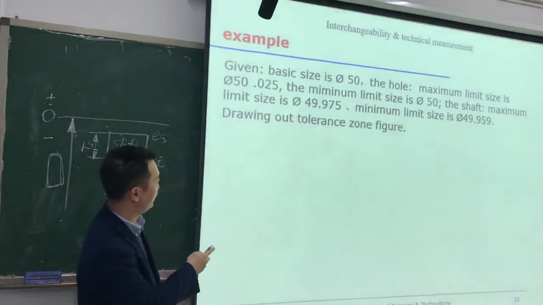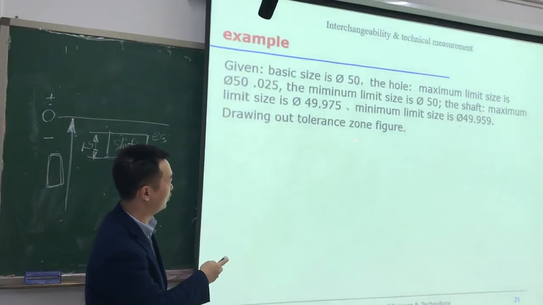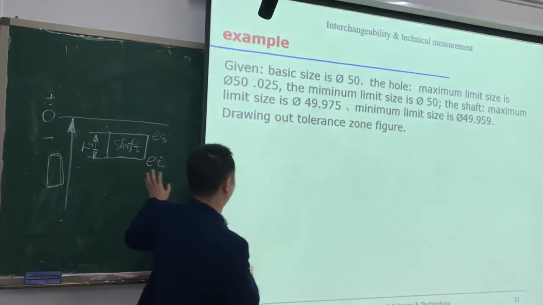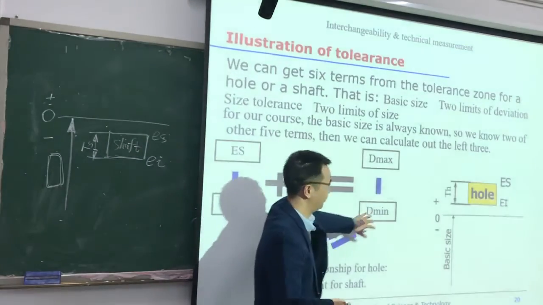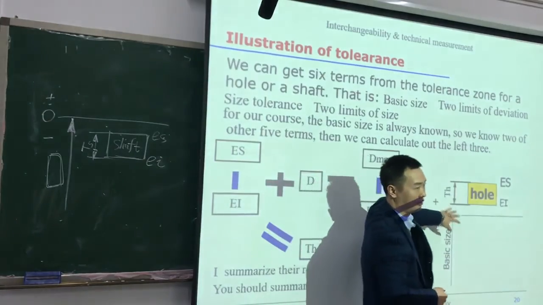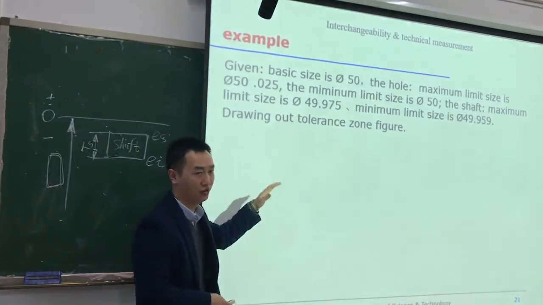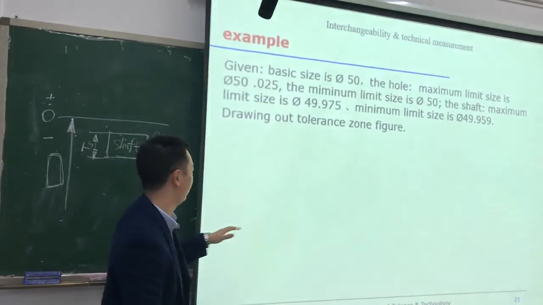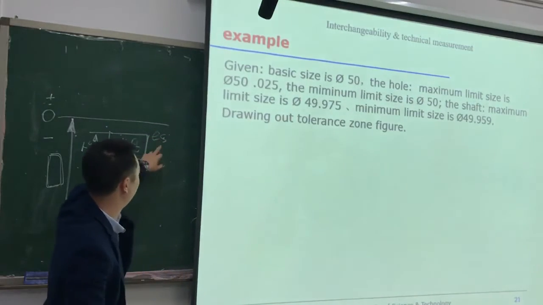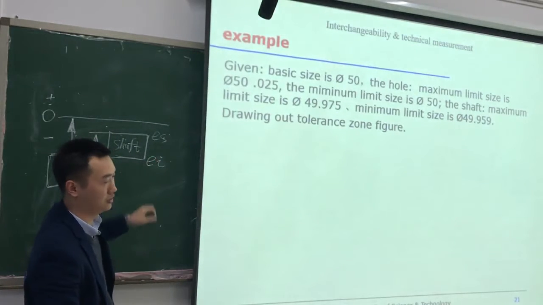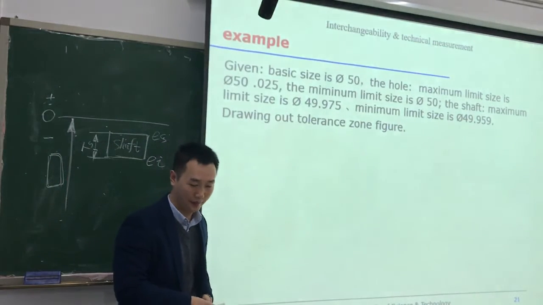So try to draw out the tolerance zone figure. You draw. This is the tolerance zone of theoretical. Now you try to use the real values. Just substitute these symbols with real values. Okay. Just try to draw it. Okay.